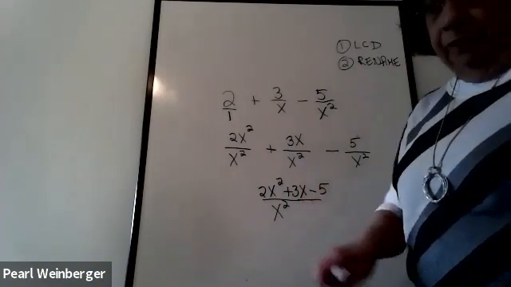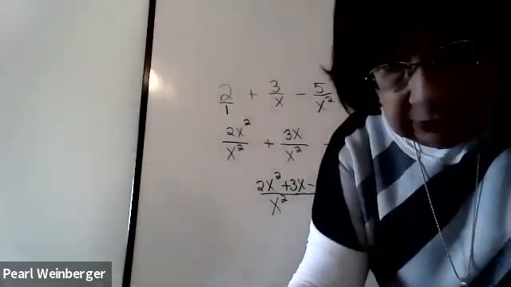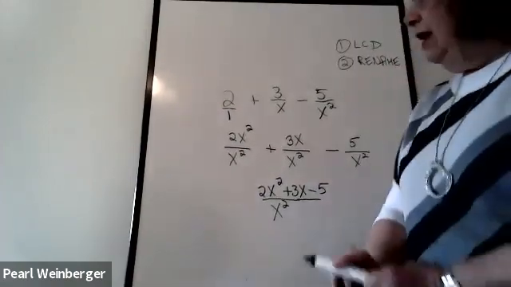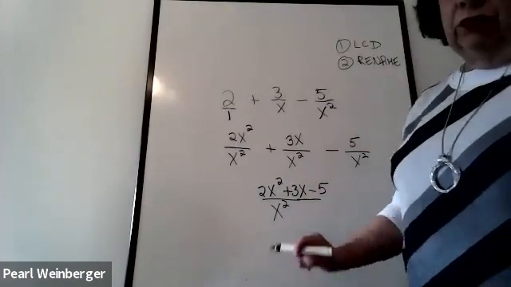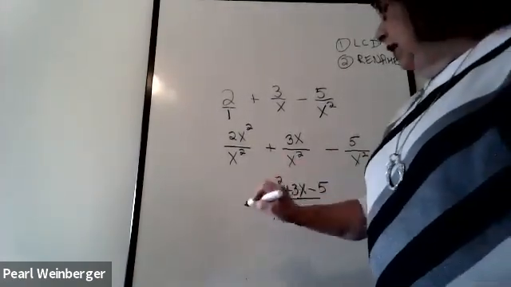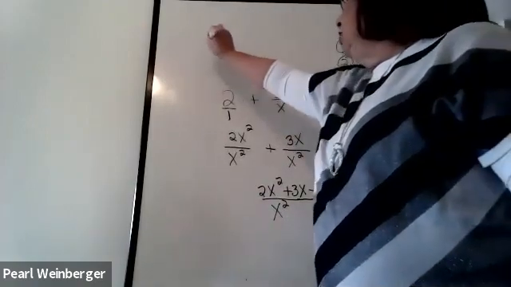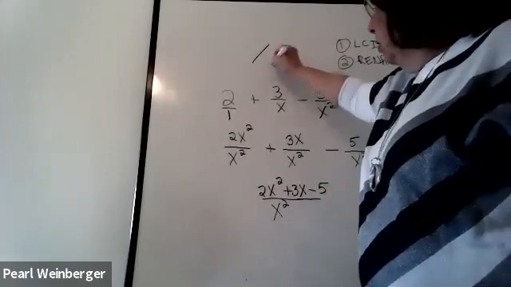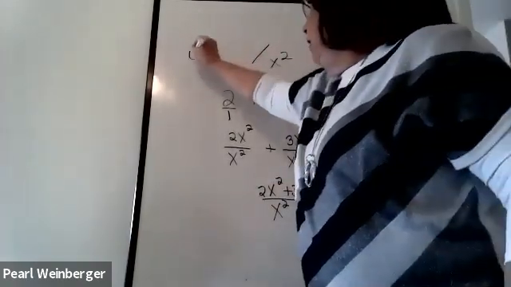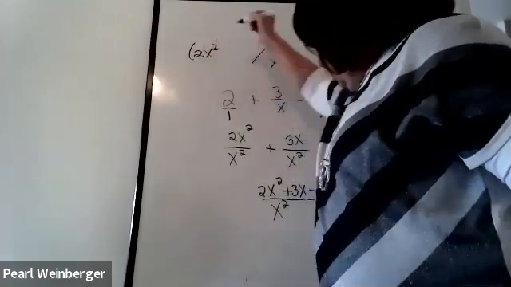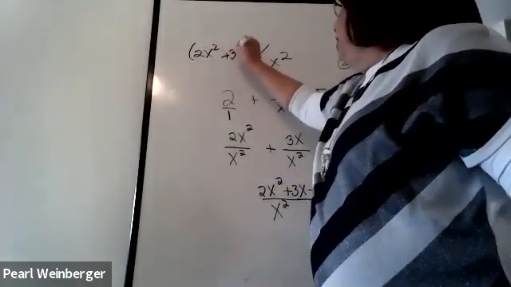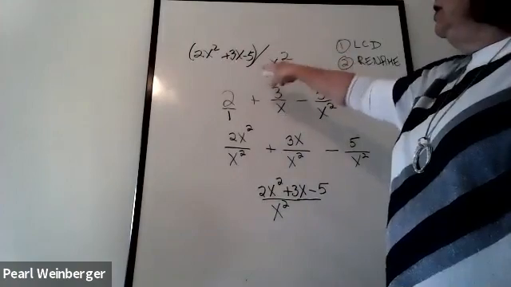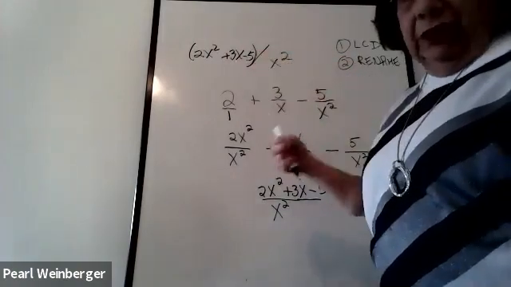Now, I think it was Nikisha, I just want to make a comment. What you wrote was completely correct, but if you're using a slash instead of a line under it, then you really should put everything, the 2x squared plus 3x minus 5, in parentheses, because otherwise it looks like the only thing that's over the x squared is this 5, the way you printed it.